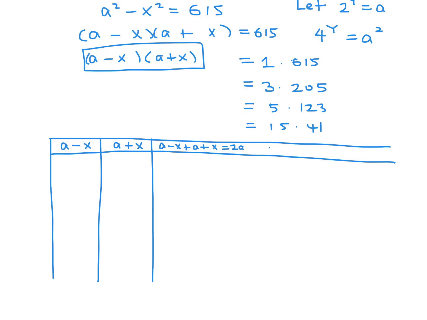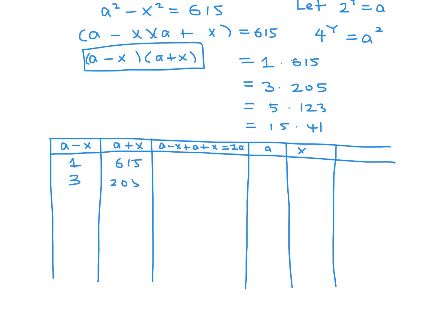And therefore a you'd be able to figure out fairly easily, just divide by 2, and then x you can get fairly easily after that. So the choices are 1 and 615, 3 and 205, 5 and 123, 15 and 41.